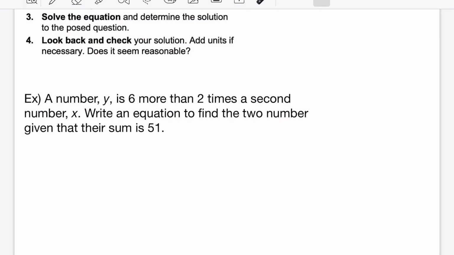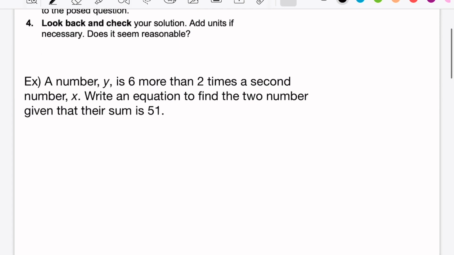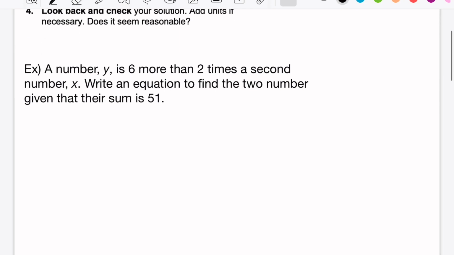But what we can do is translate these words into an equation. First, we'll break it down. We have that y is equal to 6 more than 2 times our second number, x. So that's what our equation would be.